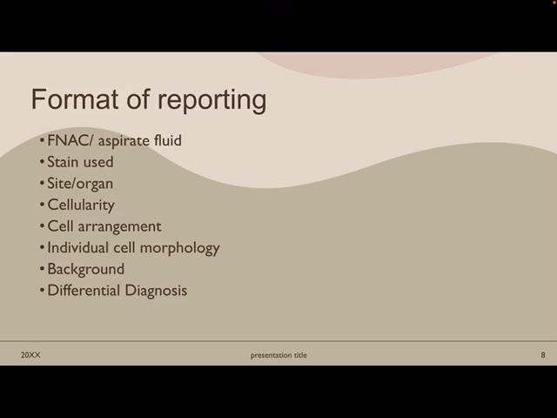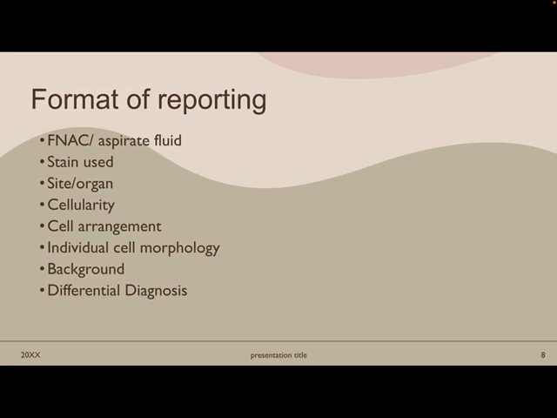Next, after that you will come on to cell arrangement, whether it is in sheets, whether the cells are separated from each other, or in clusters, nests, glandular arrangement, etc. The arrangement pattern, you know. And then you come to the individual cell morphology, where the same thing which I repeated in histopathology, describe the cell.